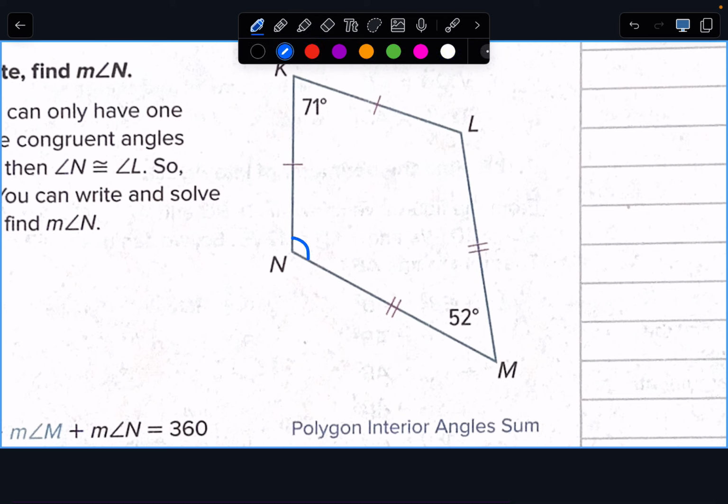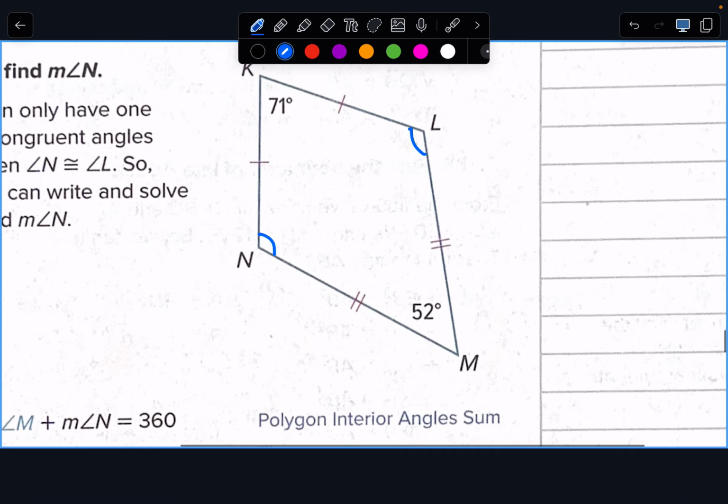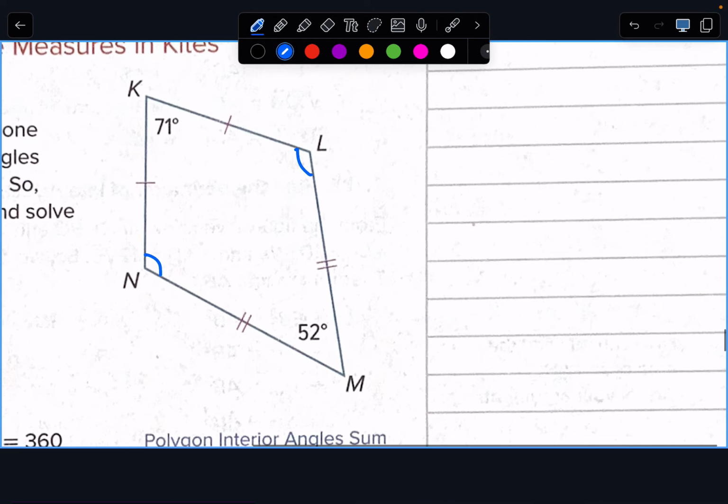N and L. Now, we have a quadrilateral. How many degrees are in a quadrilateral? There are 4 angles that add up to 360. So if we take 360 and subtract 71 and 52, what do we have left? 237.